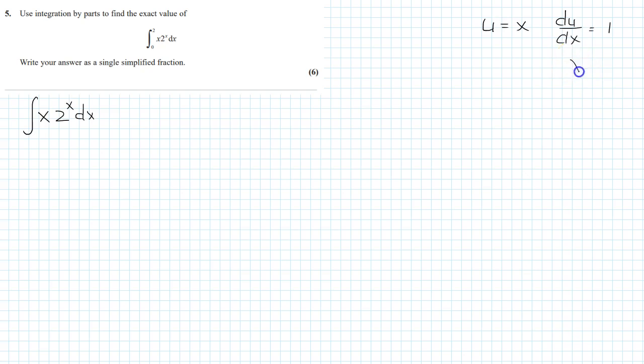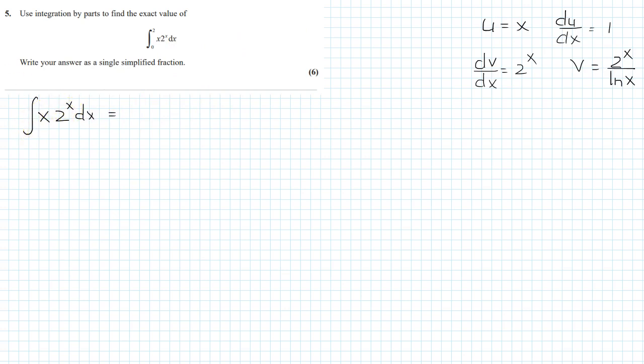and we have dv over dx is 2 to the power x, means dv is equal to 2 to the power x dx. So integration of this is 2 to the power x over ln 2.